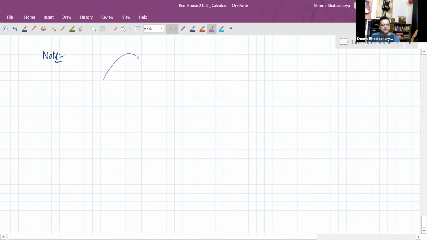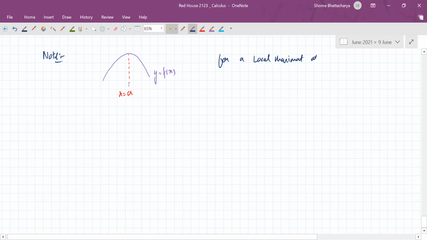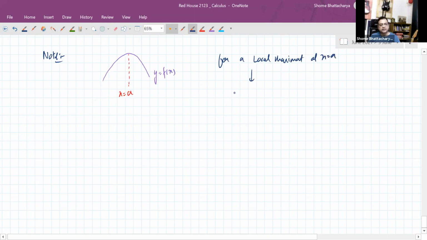If the graph has a peak at a particular point, so for a local maxima at x equal to a, the condition is that the slope of the tangent at x equal to a should be 0. So that means f prime of a should be 0.